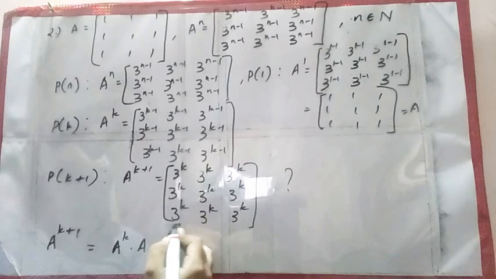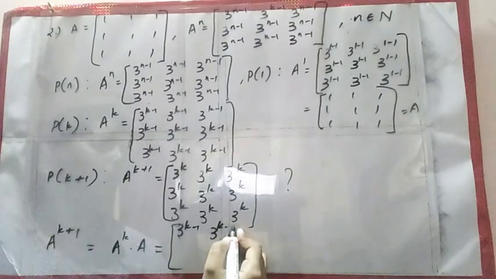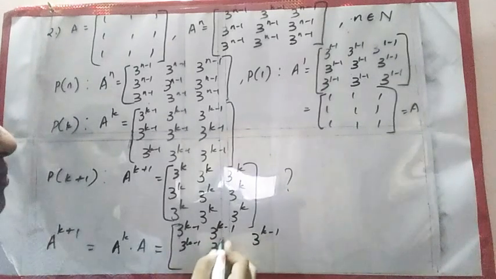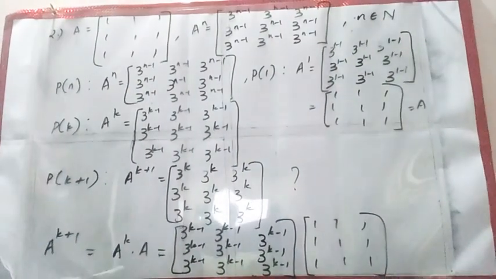Hence we get A raised to k as a matrix with every element 3 raised to k minus 1, into A. We substitute A, a 3 by 3 matrix with each element as 1. Now we have to multiply this.